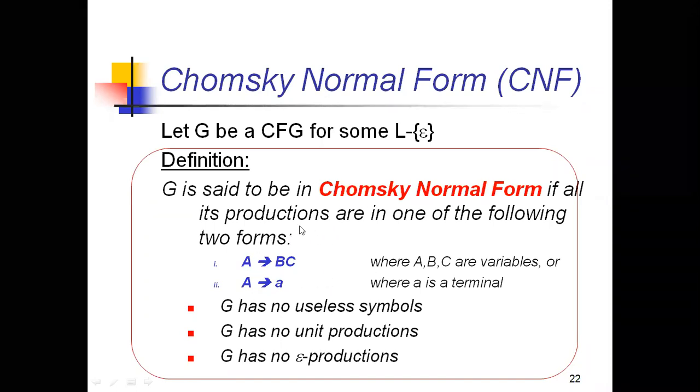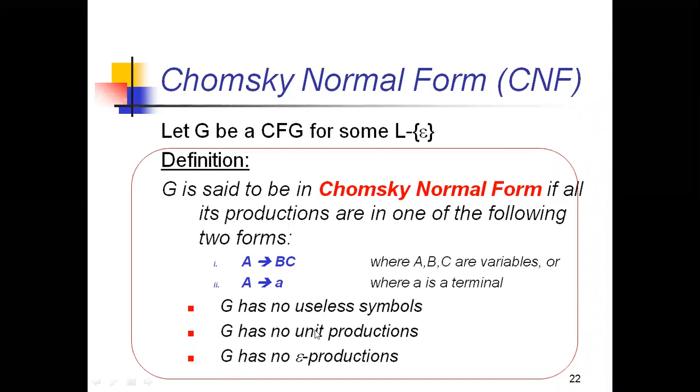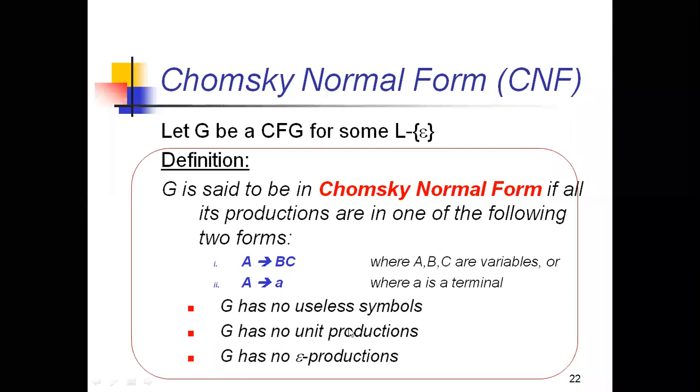Also, initially, whenever we take an input, you need to check whether the grammar has useless symbols, unit productions or epsilon productions. If any useless symbols are there, you need to remove them by applying the algorithm for useless symbols. If there are any unit productions, you need to remove them by applying the algorithm for unit productions.